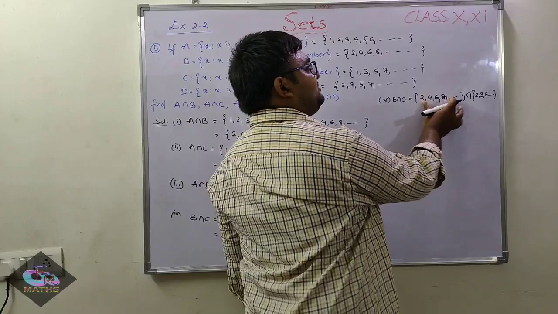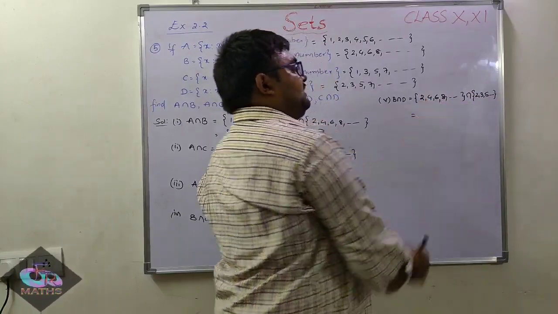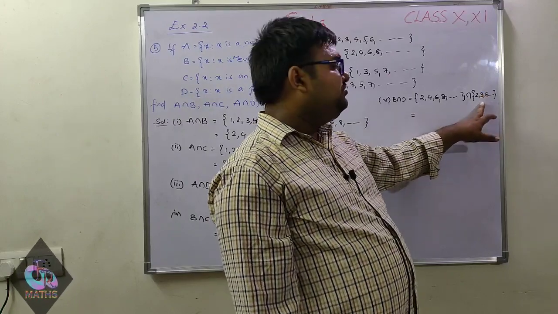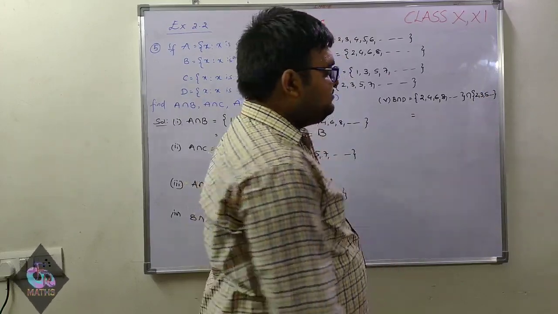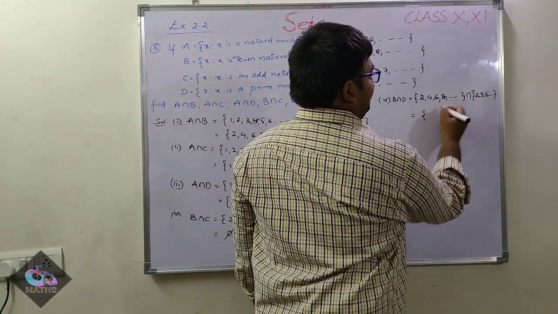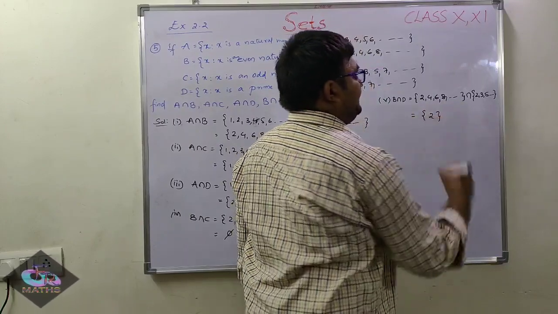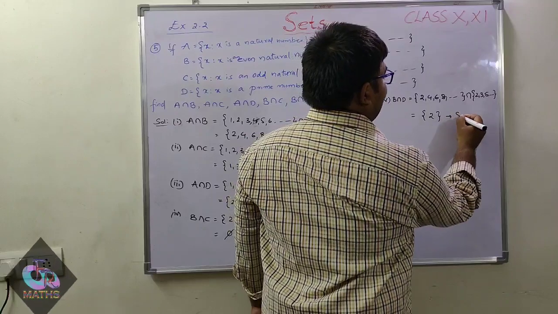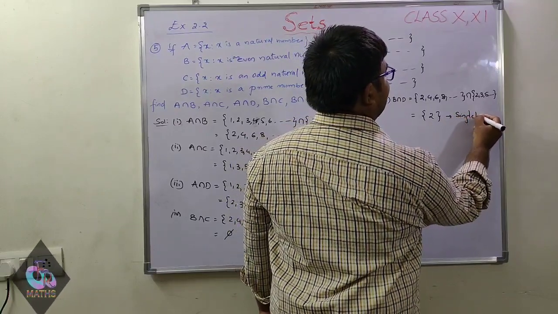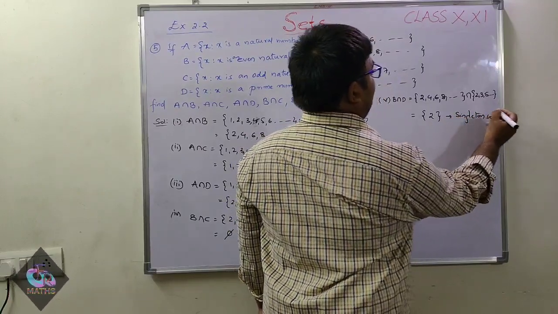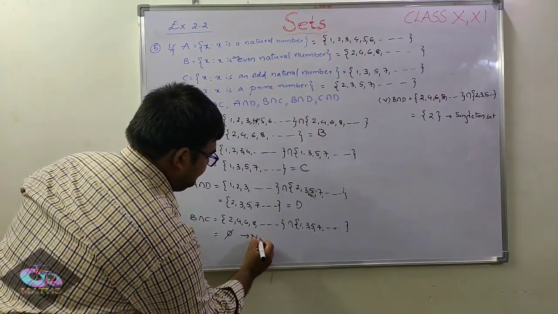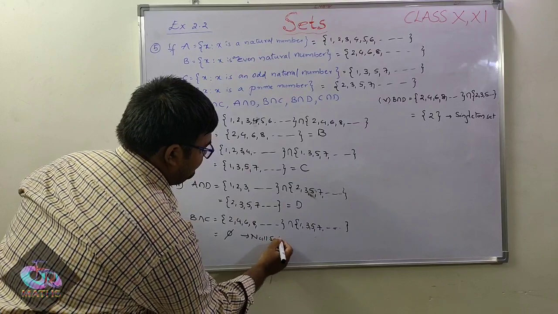So among even natural numbers and prime numbers, what is the common part we have? All the prime numbers other than 2 are odd natural numbers. So the common part is only the set of 2. So we can say it is a singleton set.